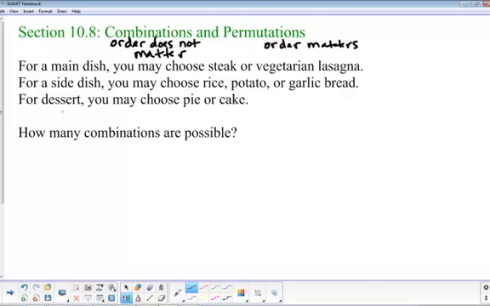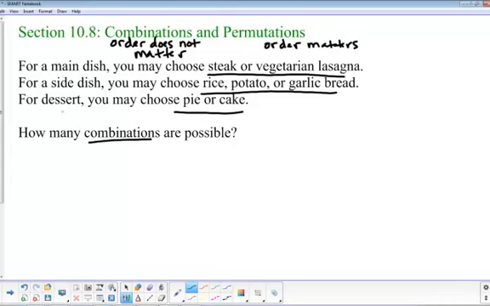That means, for this situation, you can choose steak or vegetable lasagna. You can choose rice, potatoes, or garlic bread, and then you can choose pie or cake. It doesn't matter if I pick my dessert first or last. Whatever the 3 things I have are the same no matter what order. So this situation is a combination.